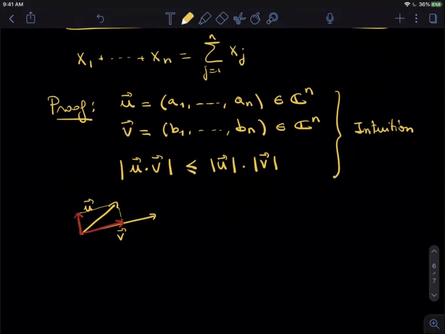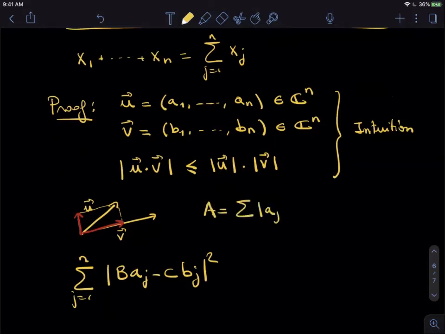Having said that, what we are going to do is to look at the very special combination that is |b a_j minus c b_j| squared. And what is a and what is b? A is the sum of the |a_j| squared, and C is going to be the sum of |a_j b_j| modulus, from j equal 1 to n.